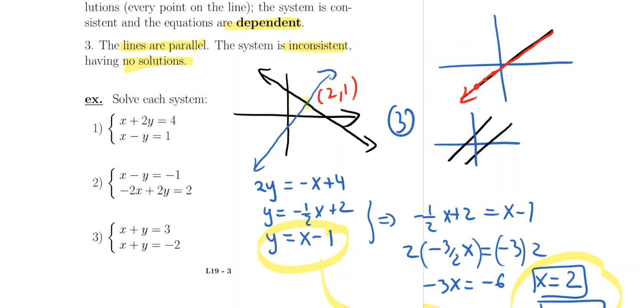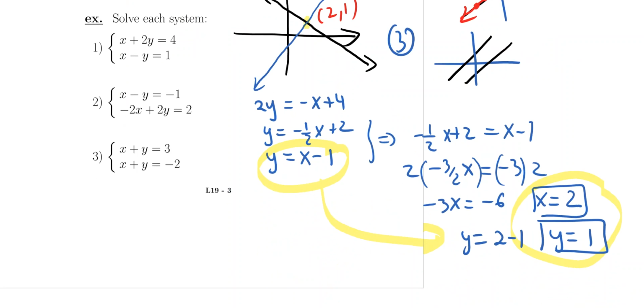We use substitution or elimination. If you want, you can also graph these two lines and see if they intersect or not. If you graph them and they look the same, that means there are infinitely many solutions. And if you graph them and they're parallel, then that means there's no solution.